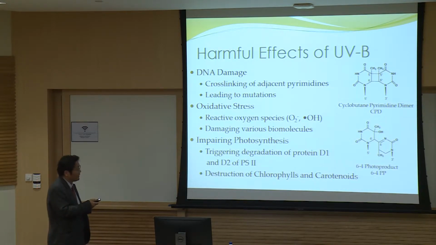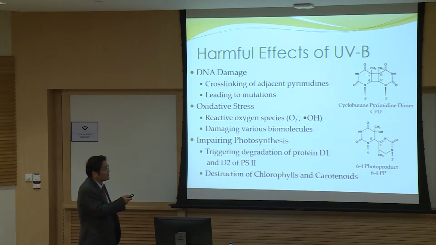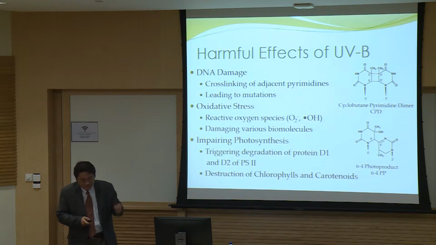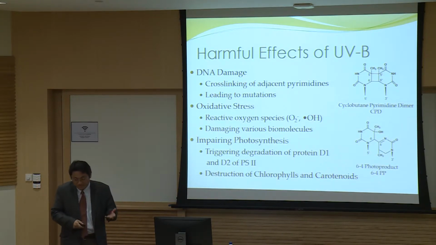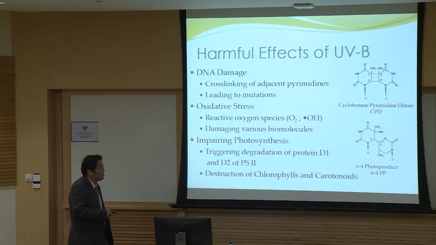UV causes this DNA damage, and the two major forms are, first, the so-called CPD, the cyclobutane pyrimidine dimer. This forms in the same DNA strand and is easily damaged, as Daniela also mentioned for telomerase and chromatin, where the DNA ends are easily damaged.